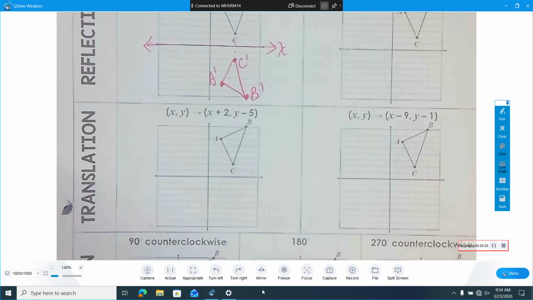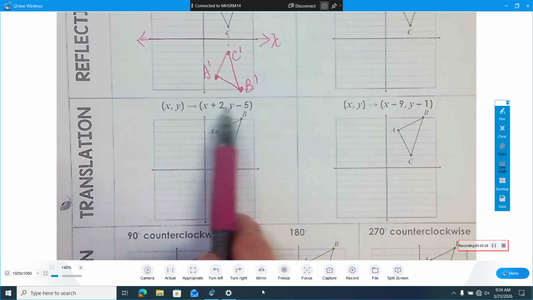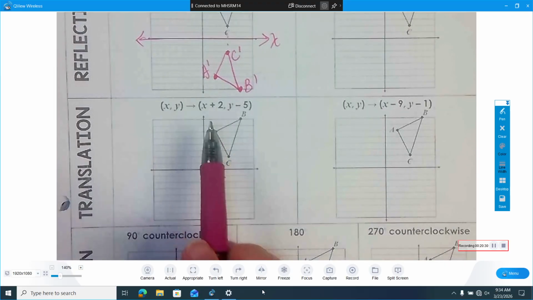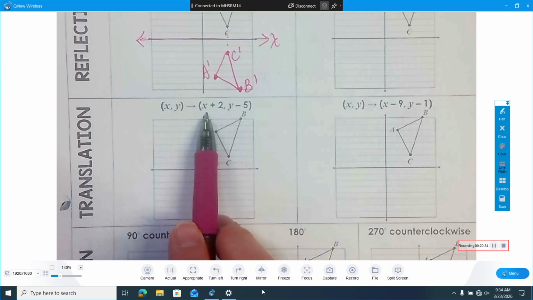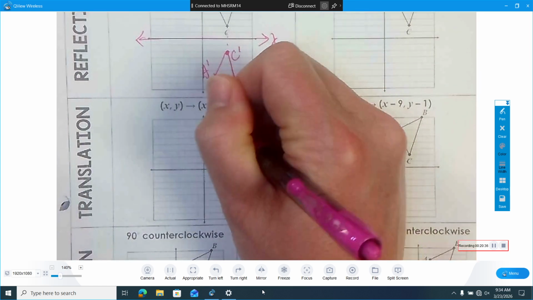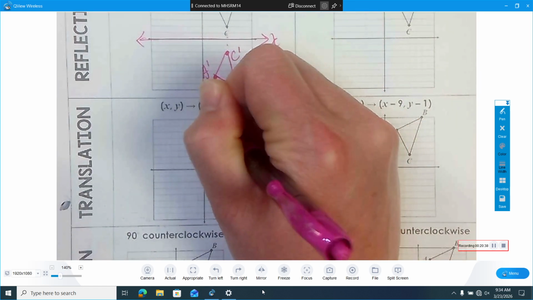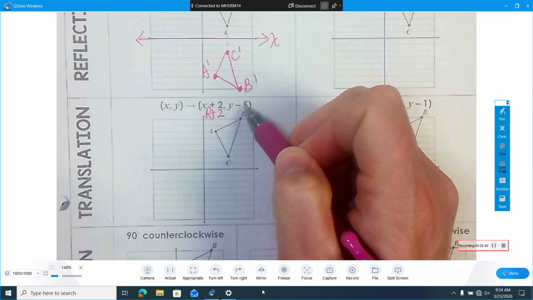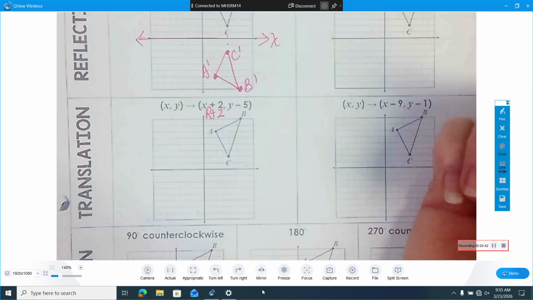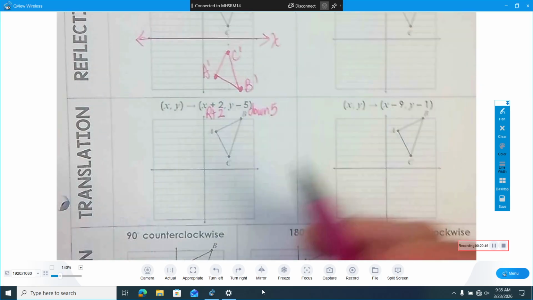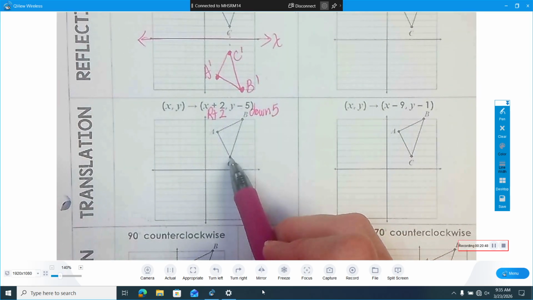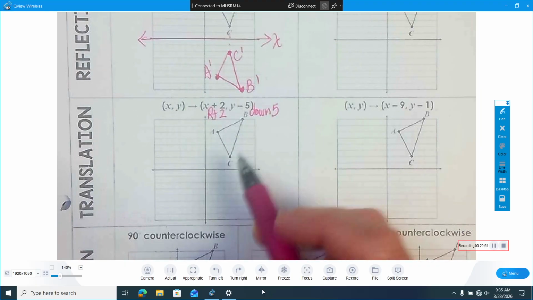What about translation? What does this notation tell you to do to your figure? What does x plus 2 tell you to do? Right 2. In the x direction, we're going to add 2, so that's going to move us right 2 units. And what does the y minus 5 tell you to do? Down 5, yes. So all we're going to do is take each point and count over 2 and down 5.